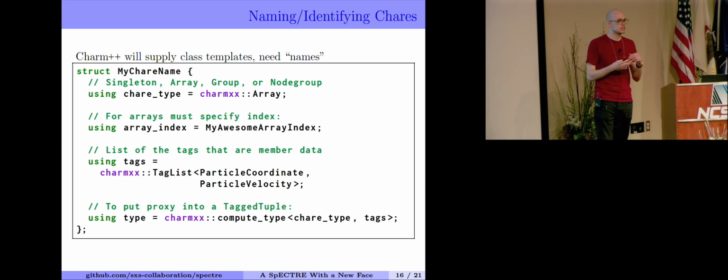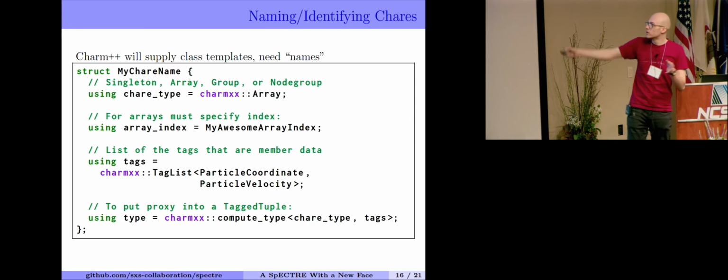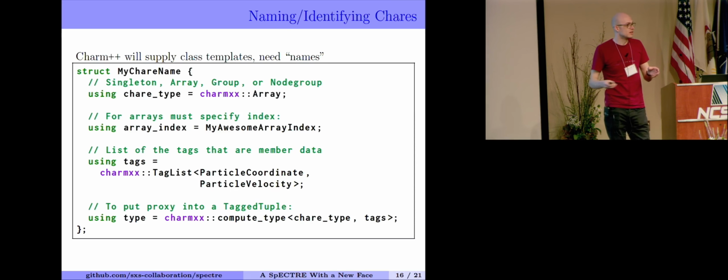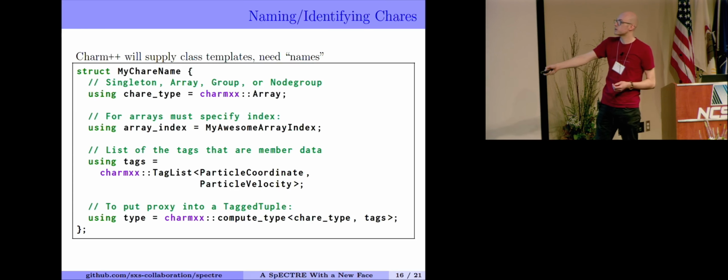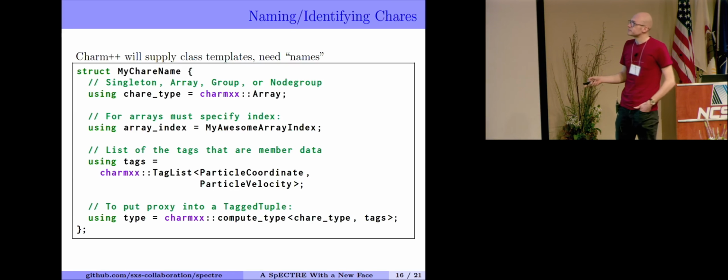Typically, if you want to communicate, you need a proxy to the other chares, and that means you want to be able to use the same name that you named the chare as the thing in your member data that's holding the proxy. That's why you need this last thing, so that you can use it in here.